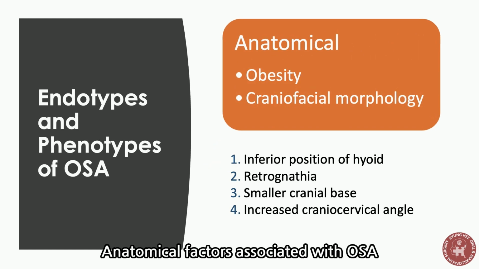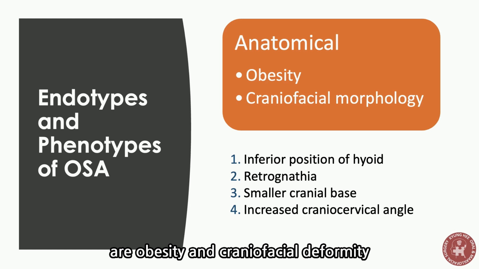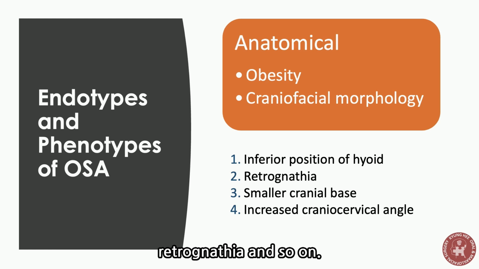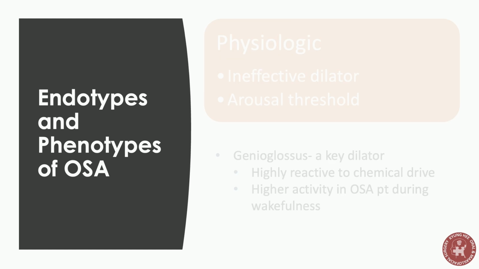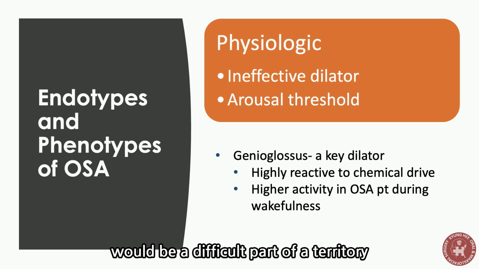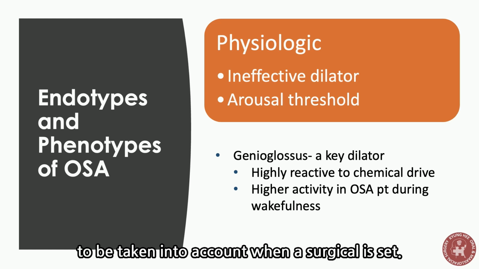Anatomical factors associated with OSA are obesity and craniofacial deformity, including things like inferior position of the hyoid, retrognathia, and so on. The physiologic or functional side of OSA would be a difficult part to be taken into account when a surgical plan is set.